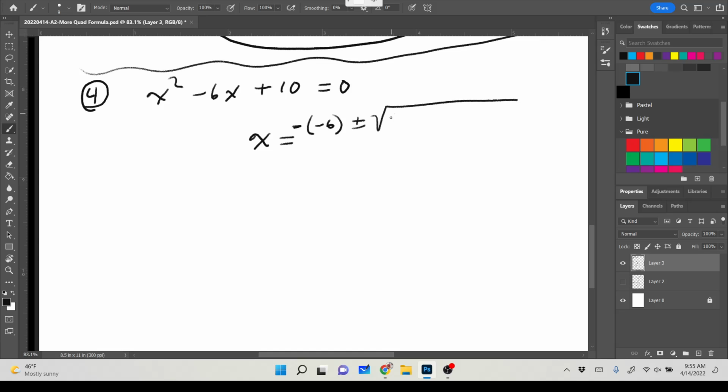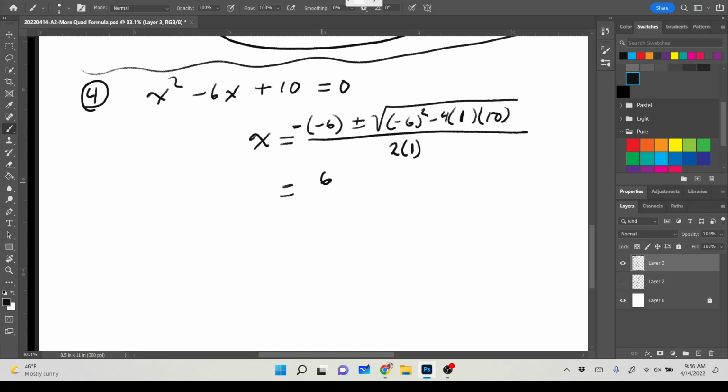Square root of negative 6 squared minus 4 times, what's going to go right here? 1. And then right here, 10. And then all over 2 times 1.